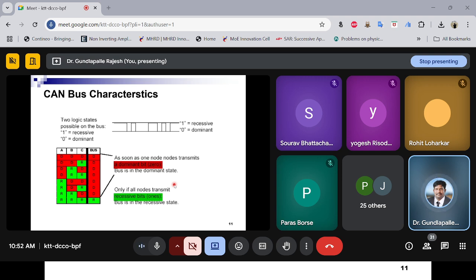Once the node B receives that, when it is receiving the bit stream, whenever there is a consecutive number of zeros or ones, it understands that for every 5 consecutive ones there will be a 0, or for every consecutive 5 zeros there will be one bit which is stuck.